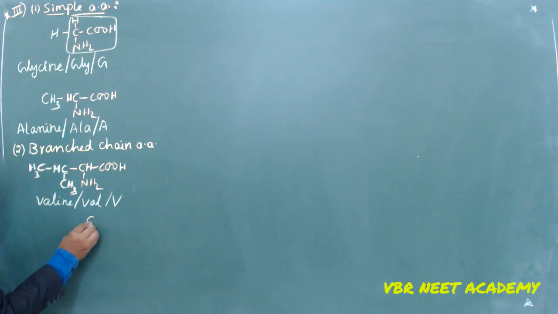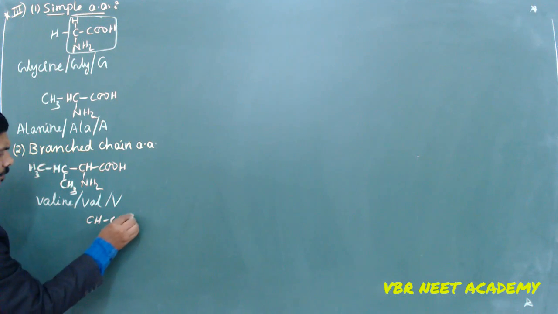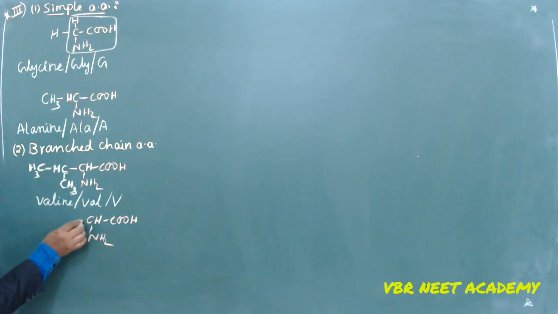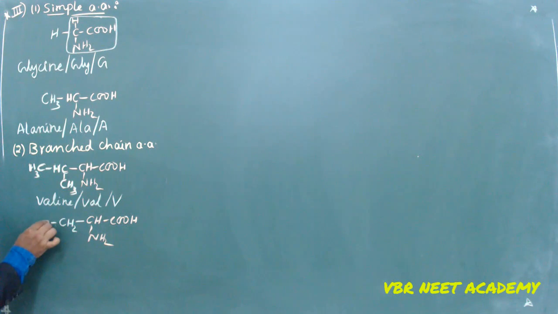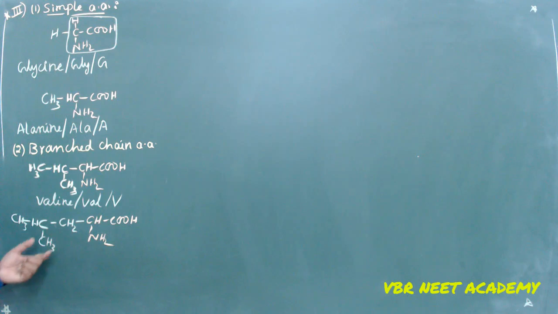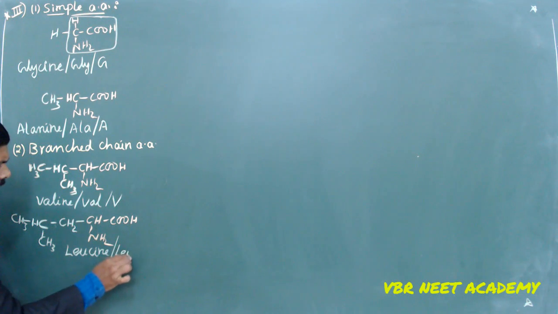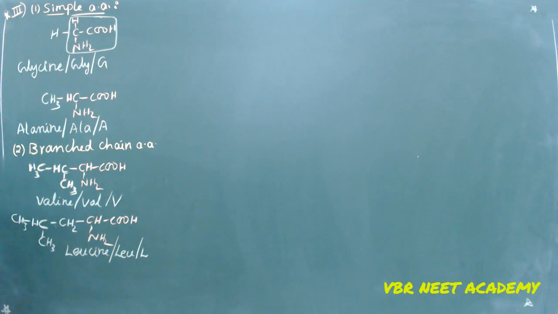Then this is common. Next we have CH2, CH, CH3, CH3. We have an isobutyl group. It's called leucine, LEU.